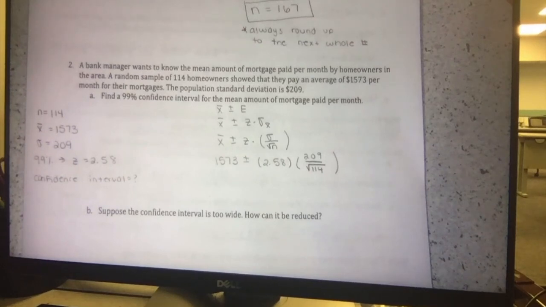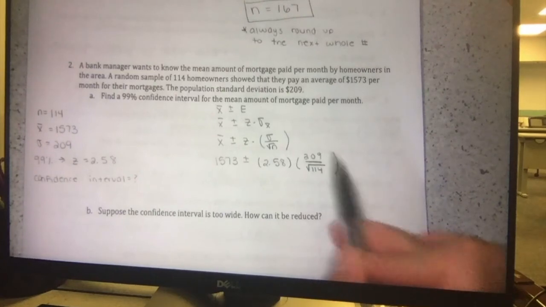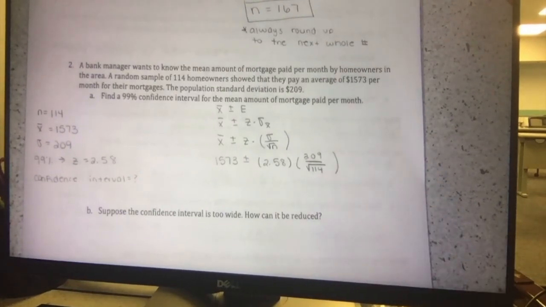Here's the thing. Whenever you plug this into your calculator, this is going to be a super ugly number, but I don't want to round it, because then whenever I round it, it's going to round everything.